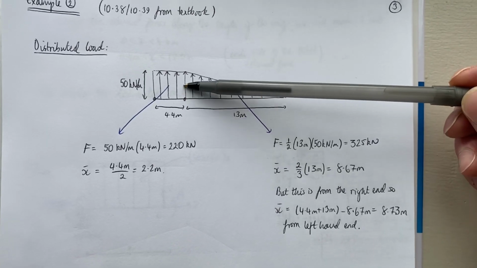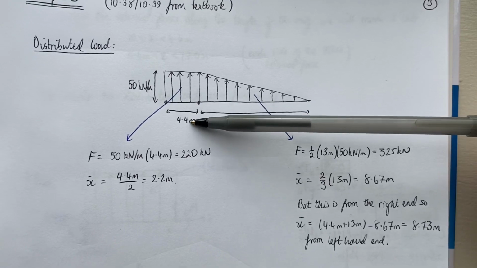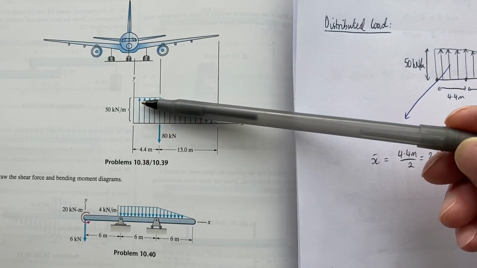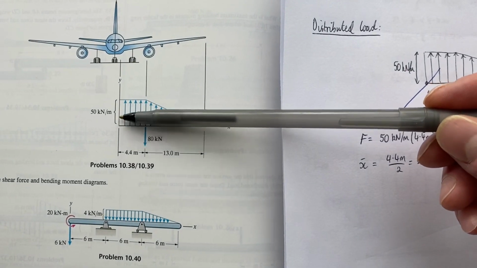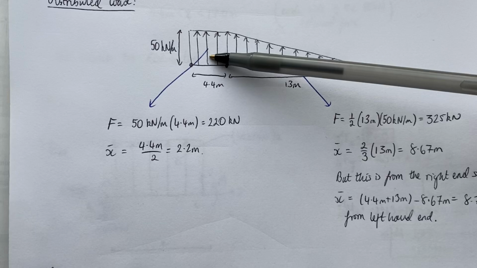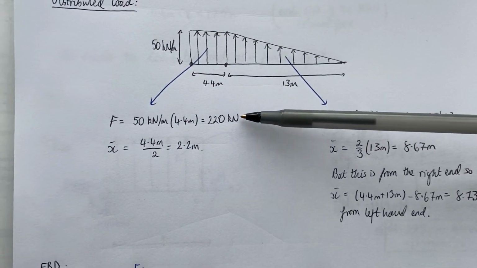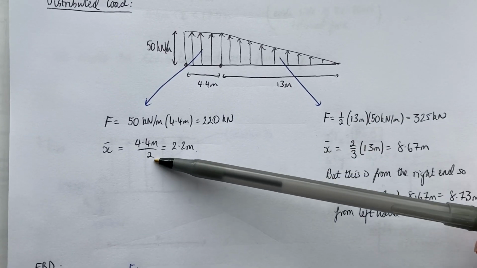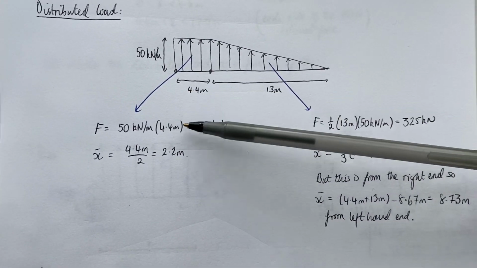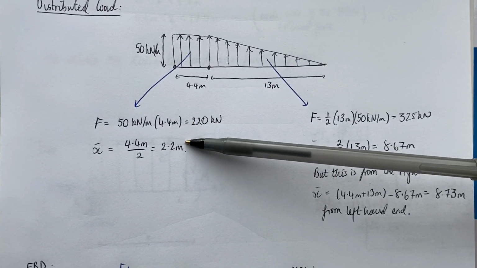I've basically found the area of this rectangle here. It's 4.4 meters long, right? And the magnitude of the distributed load is 50 kilonewtons per meter. So that gives me a force of this piece of 220 kilonewtons, and we know that the x-coordinate of the centroid for a rectangle is just halfway along it, so that's just 2.2 meters, right?